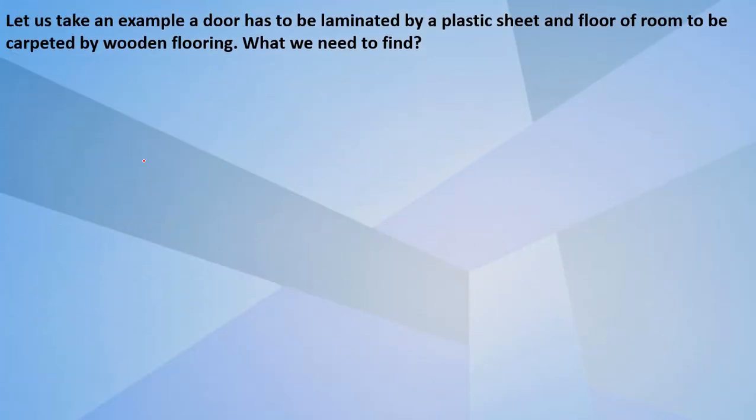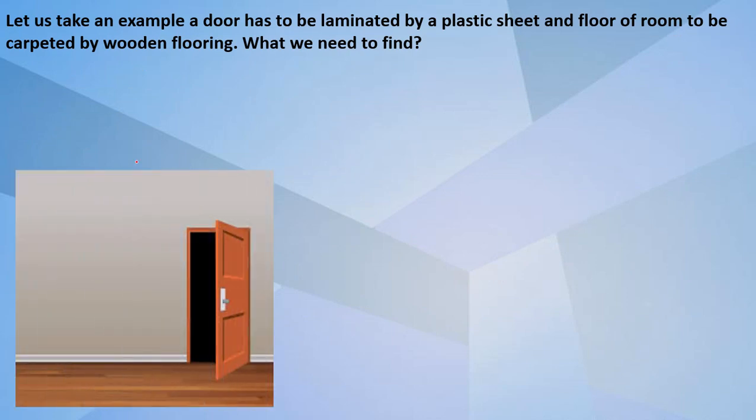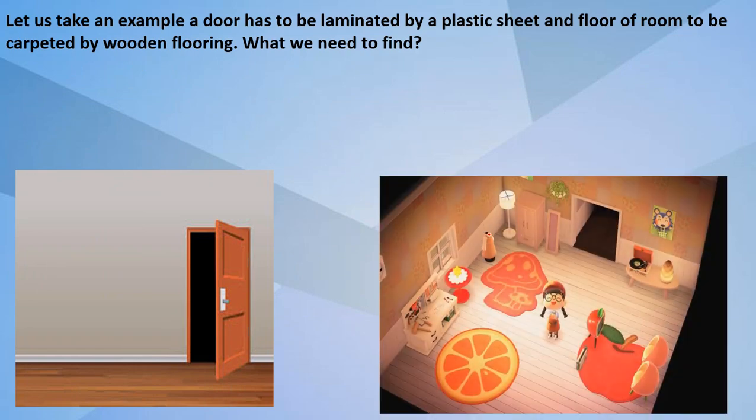Let us take another example, a door. It has to be laminated by a plastic sheet. Also, a floor of the room is to be carpeted by a wooden flooring. So what do we need to find here?